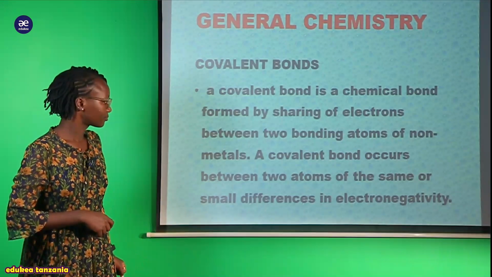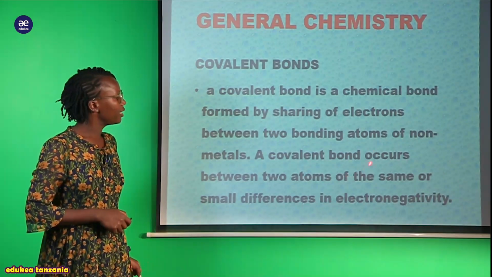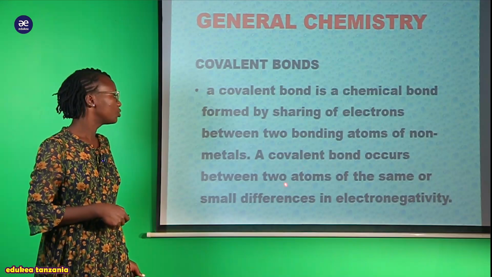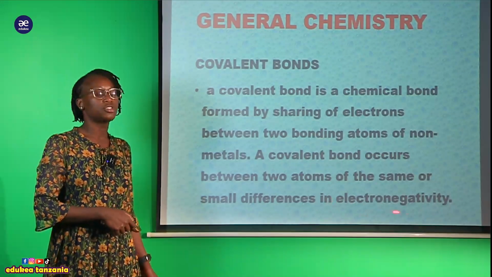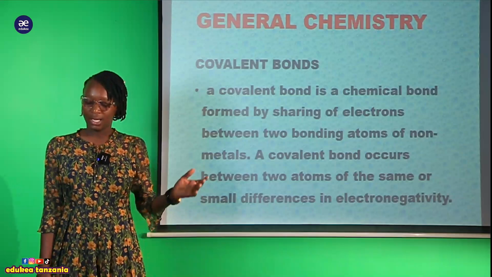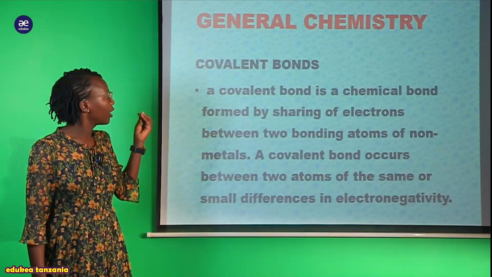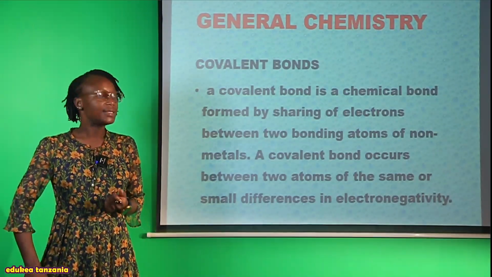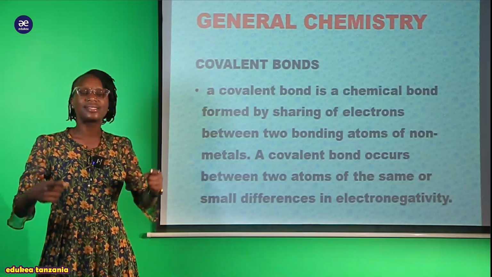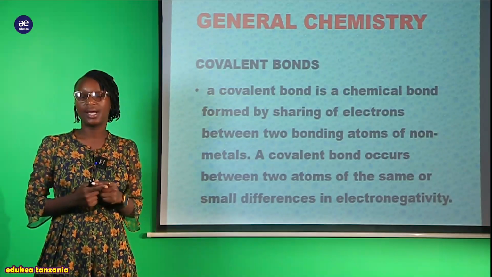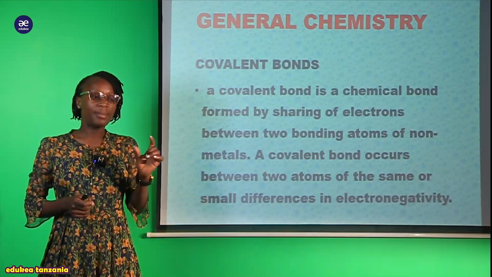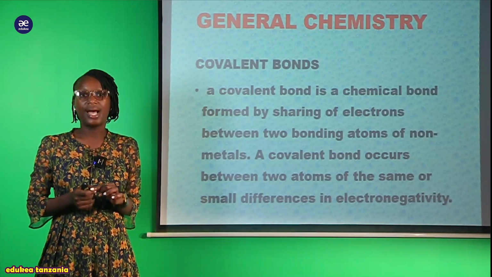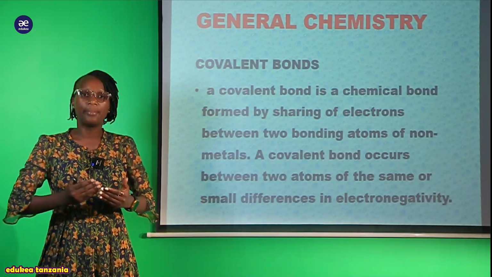So a covalent bond occurs between two atoms of the same or small differences in electronegativity. Kwamba hii covalent inatokea kati ya these atoms ambazo zina the same electronegativity, na kama ni tofauti inakuwa ni very small difference. Kwamba kama zote ni nonmetals, sasa mean that they will have similar properties.